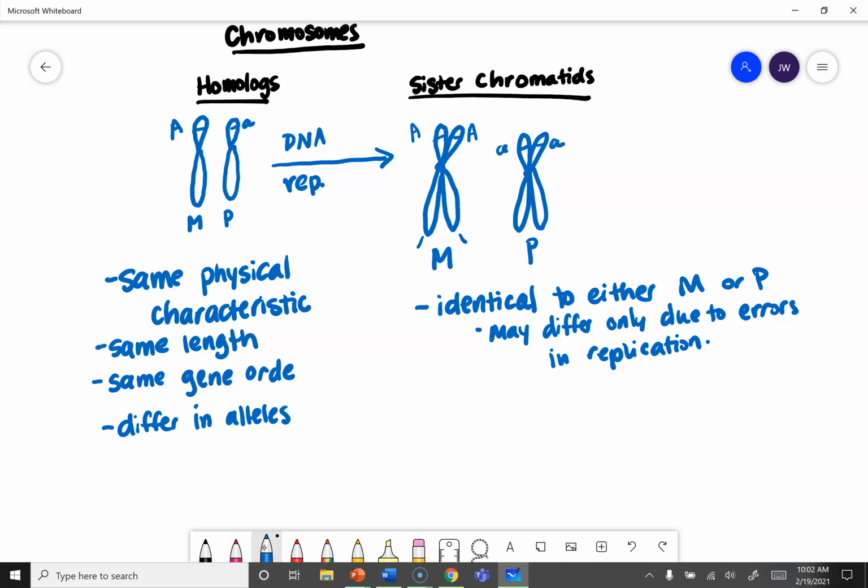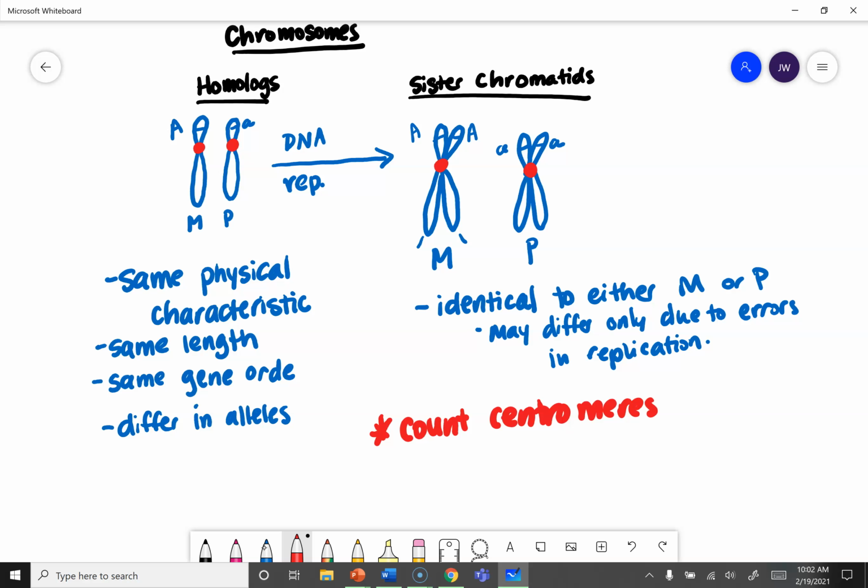So how do we count this? So let's count some chromosomes. You count chromosomes by counting centromeres. So here we have 1, 2. Our chromosome count is 2. We have 2 chromosomes. Here at our sister chromatid side, we still have only 2 chromosomes.